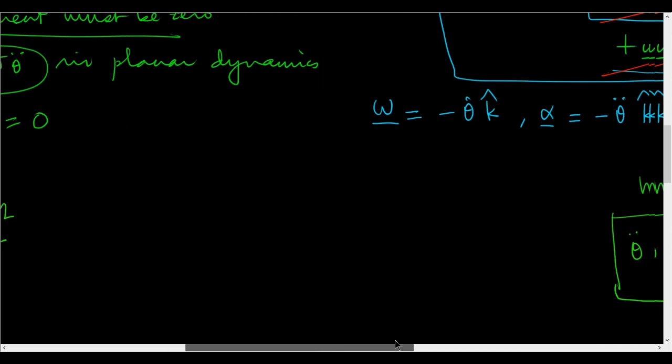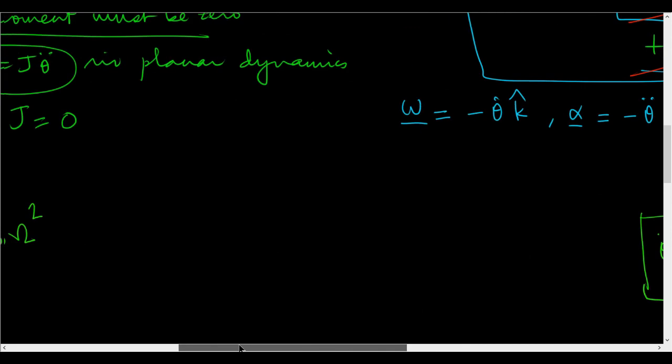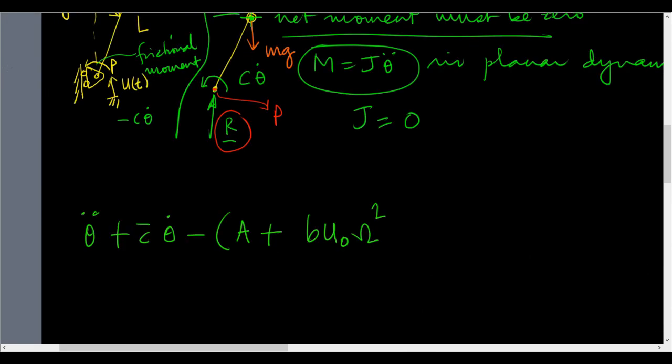I should have made this minus because there's a derivative. It doesn't actually matter, but because we are being careful, we will write minus. Minus or plus, and then over here sine omega t times the sine of theta equals 0.